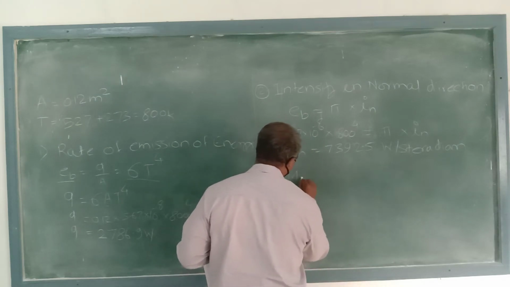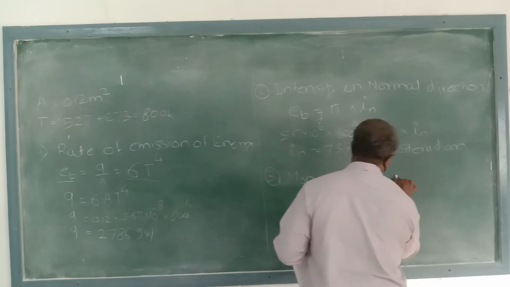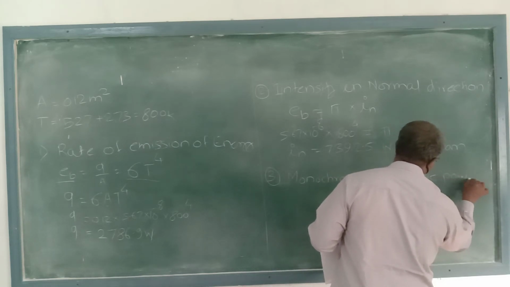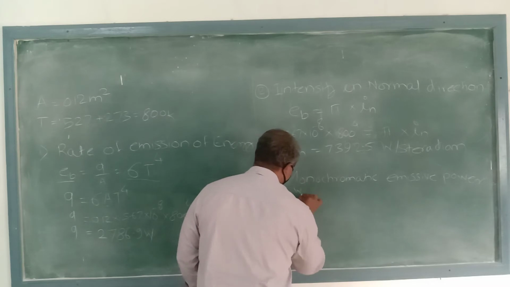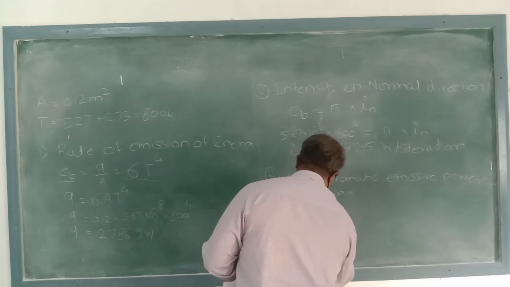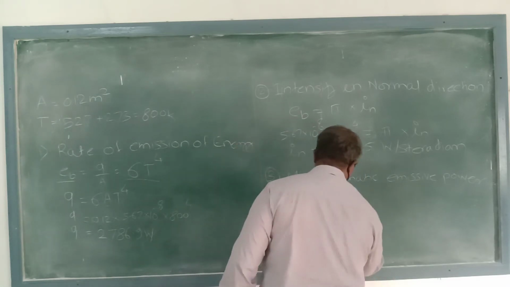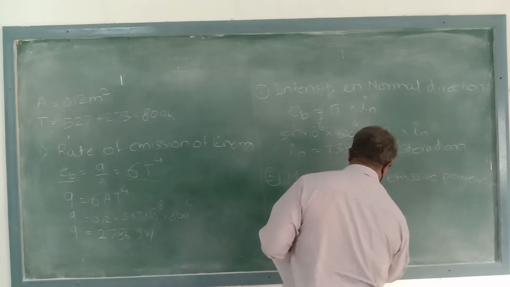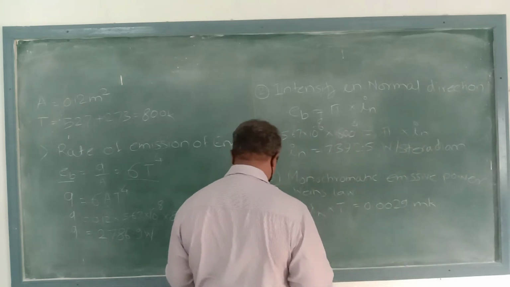So as per Wien's law, we have lambda max into T, which is equal to 0.0029 meter Kelvin.